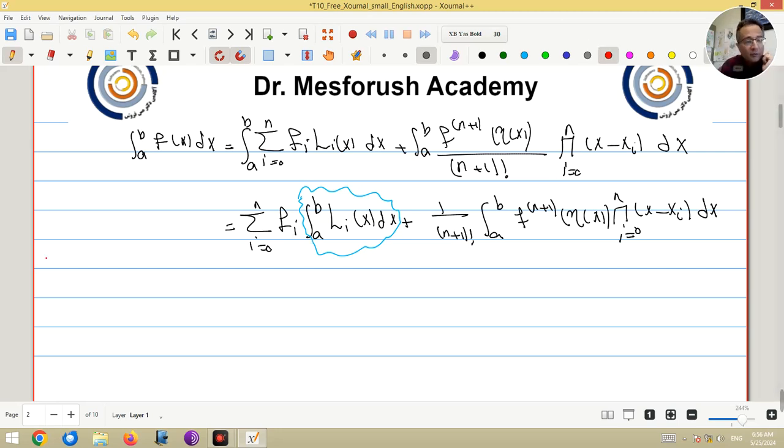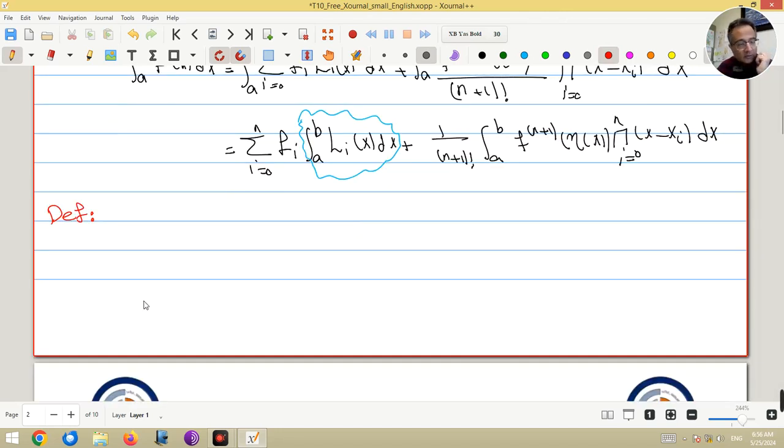But before I start to compute some integration formula, let me write a definition for you. The degree of accuracy.